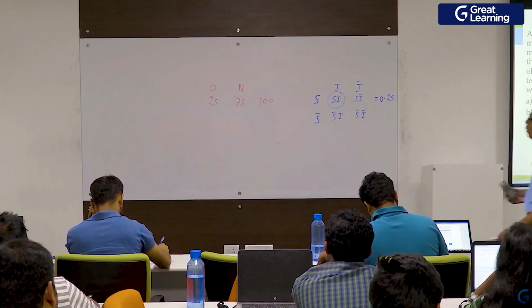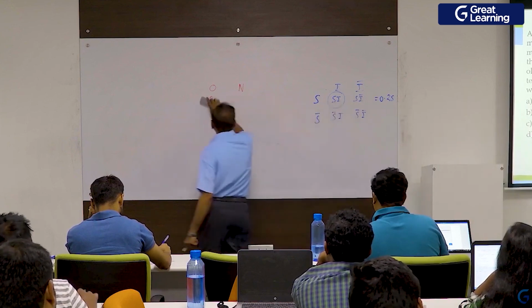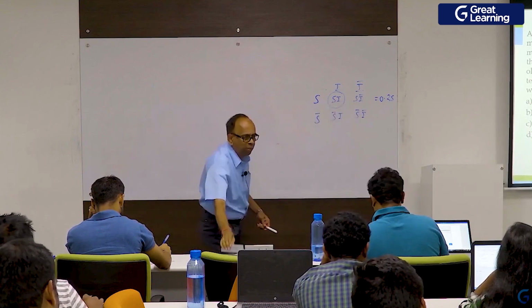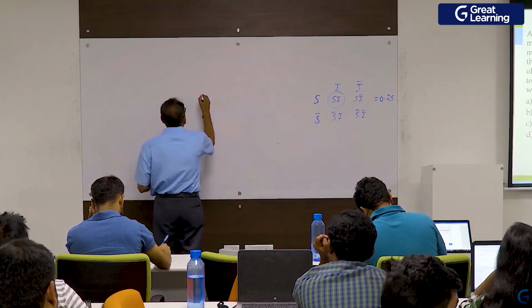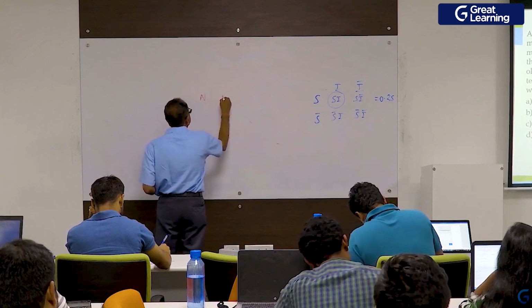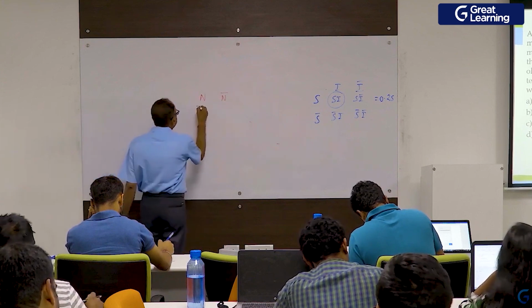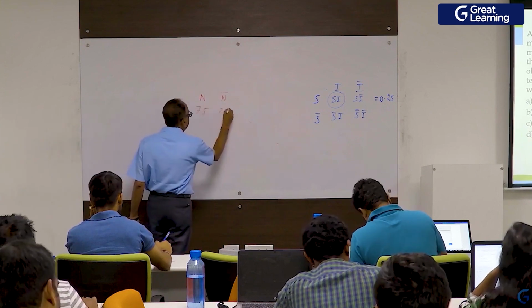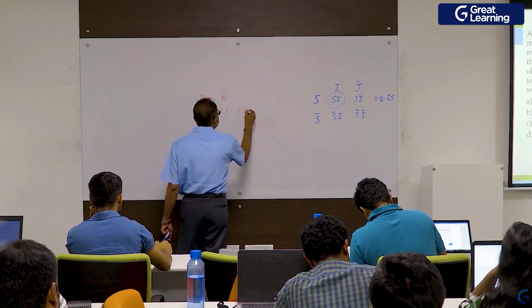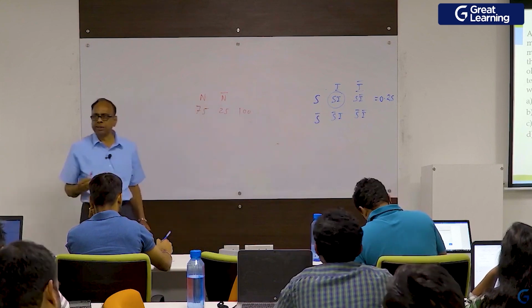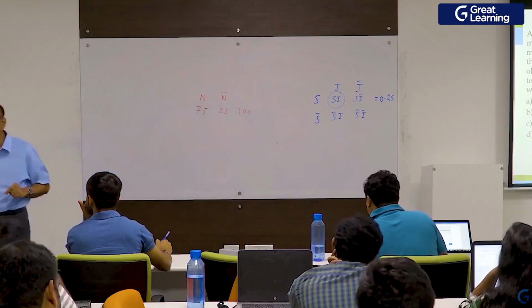Let's say N is the new machine. Then N bar is the old machine. This is 75, this is 25, and this total is 100. This is the output: N plus N bar is equal to 100.